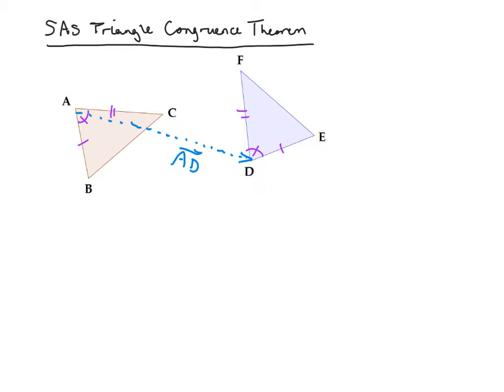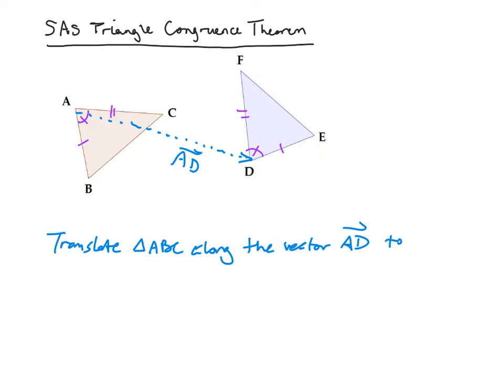So the first thing I'm going to do is translate triangle ABC along the vector from A to D, that's the vector symbol, to obtain a new triangle, A prime, B prime, C prime. So that's going to look like this.